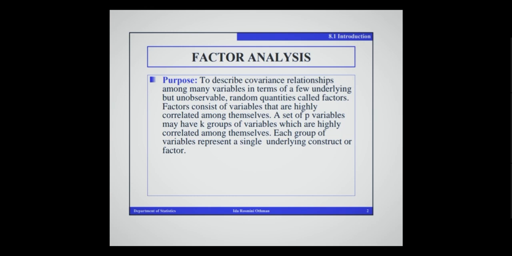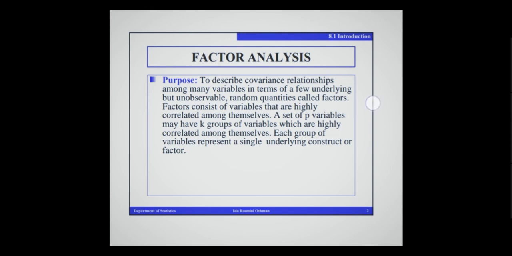We have several ataupun we have many of the x variables, and then we group kan, we reduce kan, sebelum dalam PCA we reduce the variables into factors. So macam mana nak dapatkan factors ni? Kita groupkan beberapa variable sebagai first factor, beberapa variable sebagai second factor.